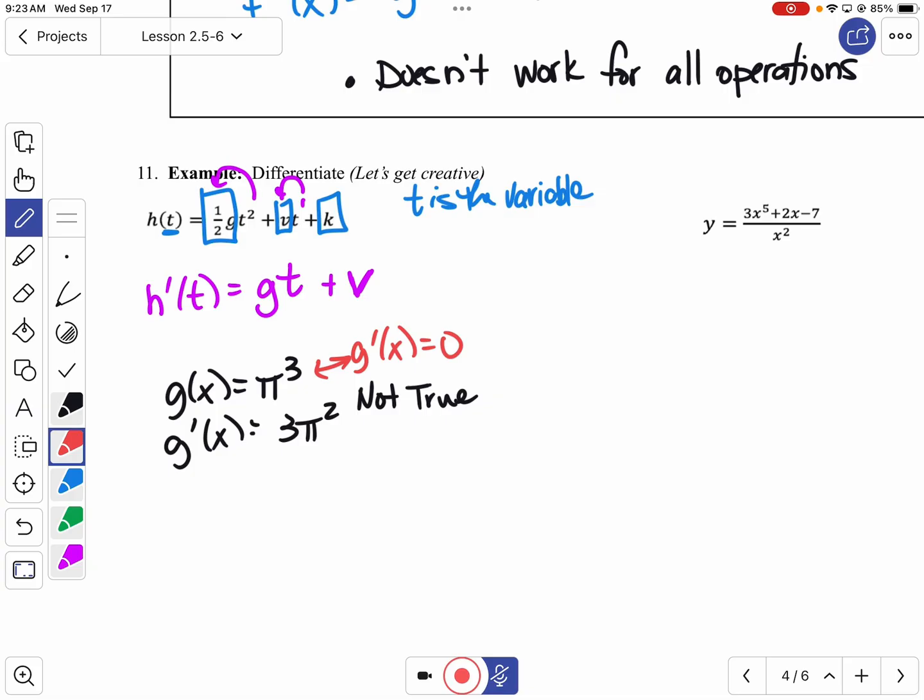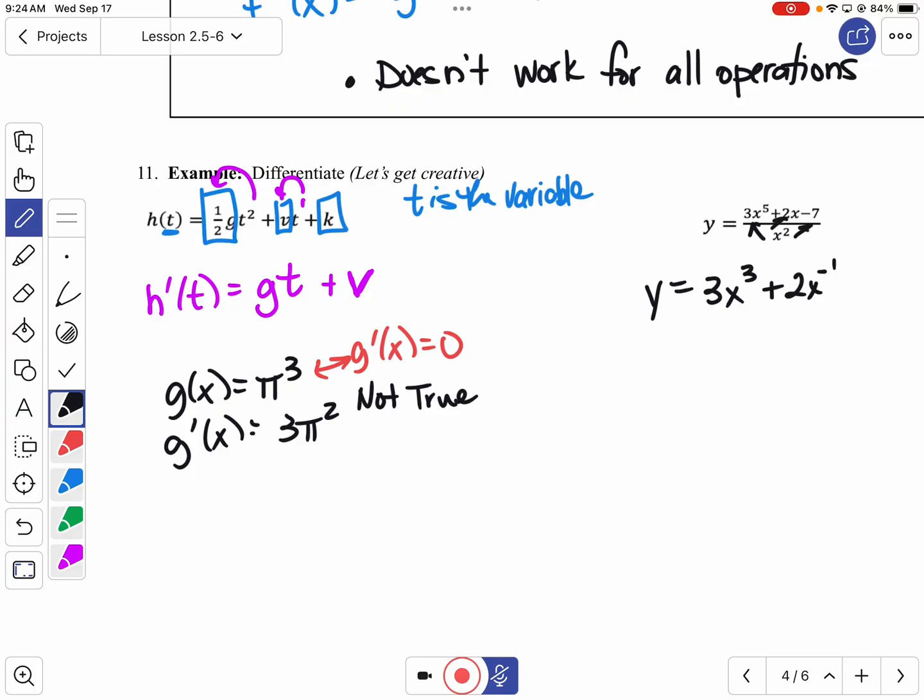What's wrong with the second one? There's a lot wrong with that, Ms. Moore. First of all, it's a rational function, and we've not talked about that. But could I rewrite this as a power function? Yep, I have a monomial down there. We can divide everything on the top by x squared. So 3x to the 5th divided by x squared leaves 3x to the 3rd. 2x divided by x squared leaves 2x to the negative 1.